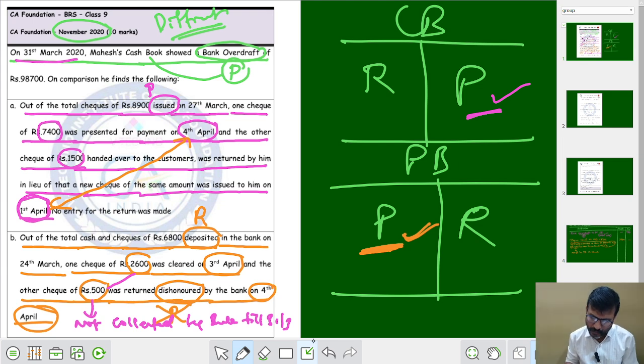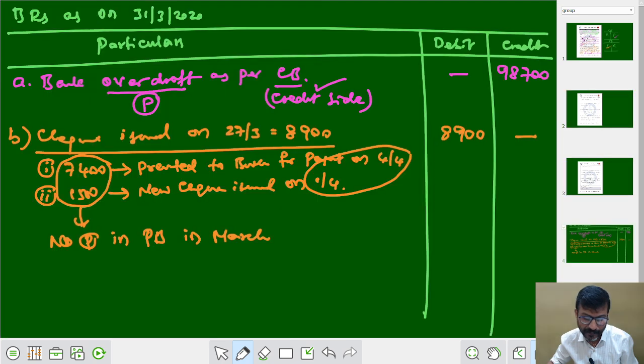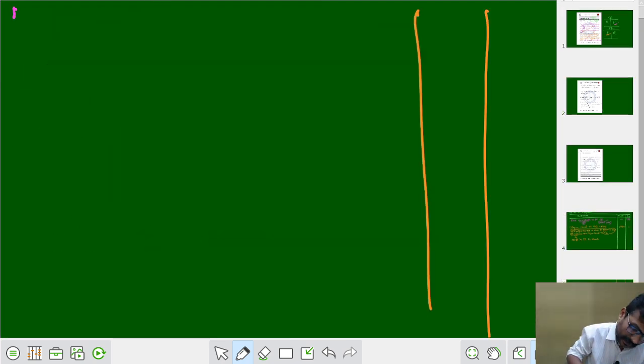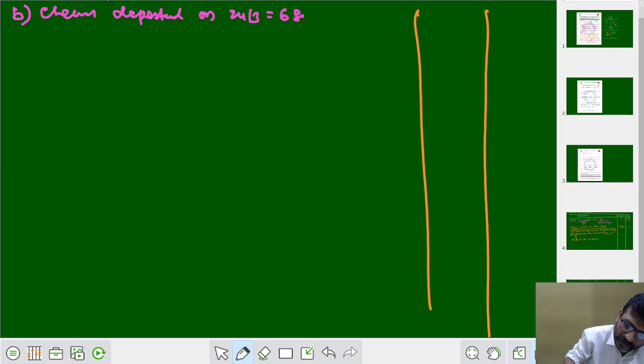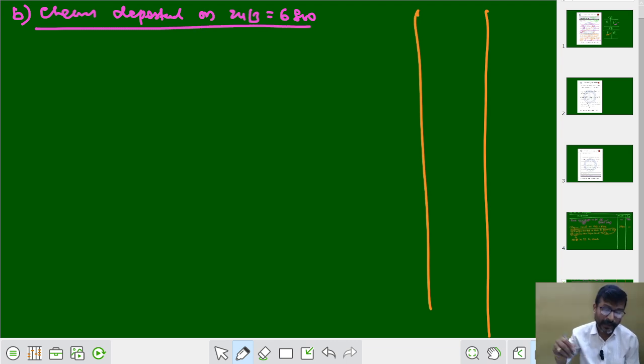What? Total of 2,600 and 500. So now let me write point number B. What is it? Checks deposited on 24th March. How much? 6,800. Out of this, what happened? How much of check? That is 2,600.